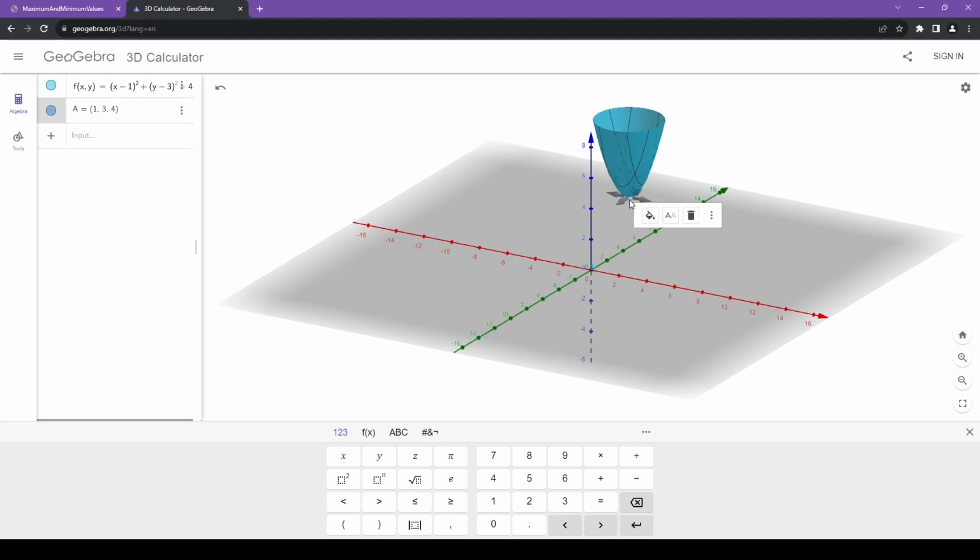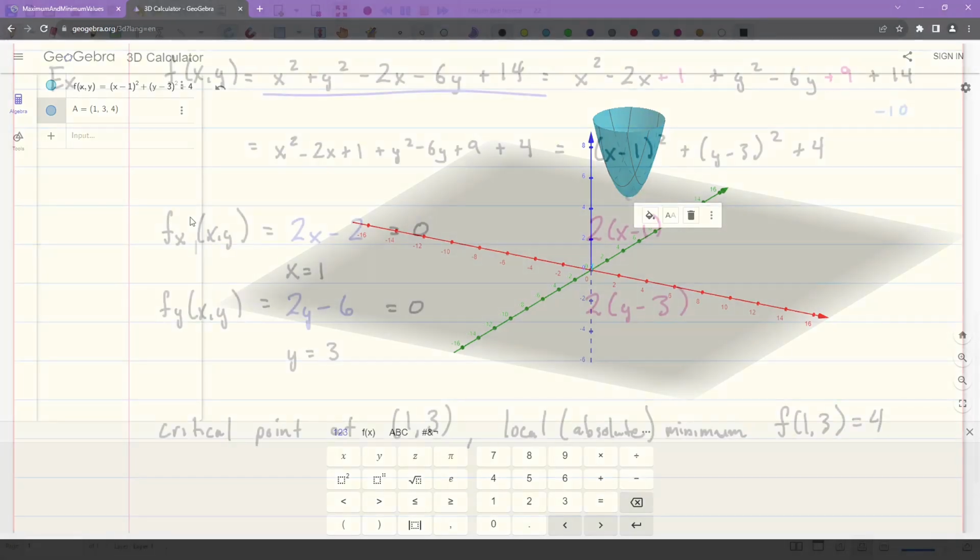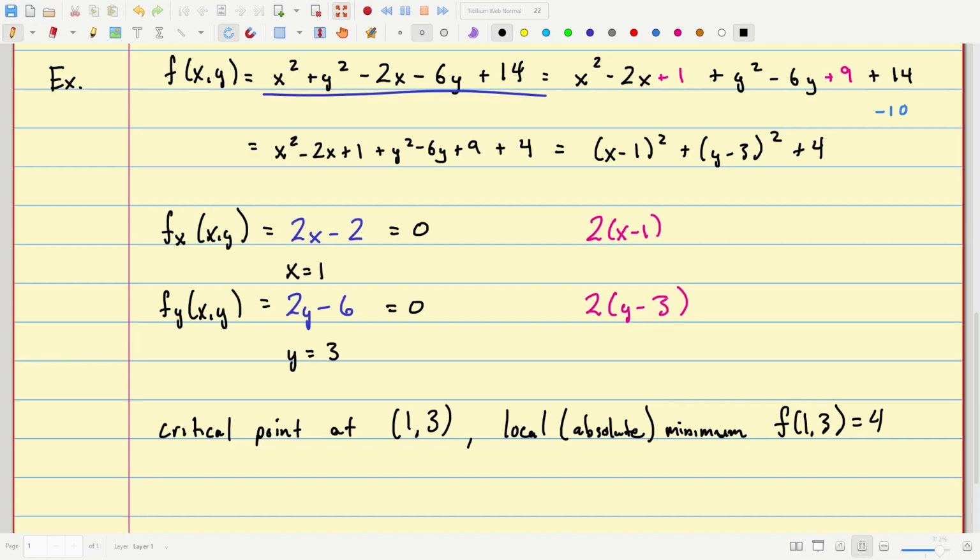It is a local minimum, and in this particular case, a local or absolute minimum. Okay. So going back to the equation, the way that I was able to puzzle out this was going to be a local min was taking advantage of this other form that I wrote down.